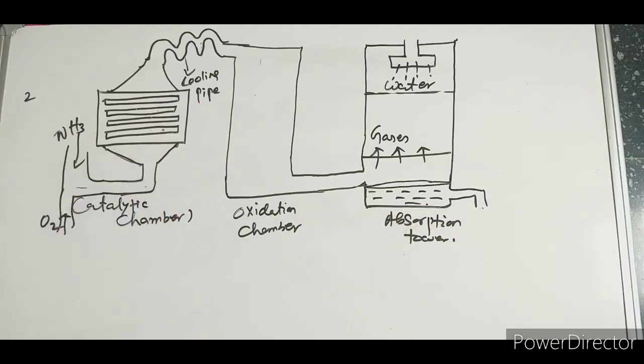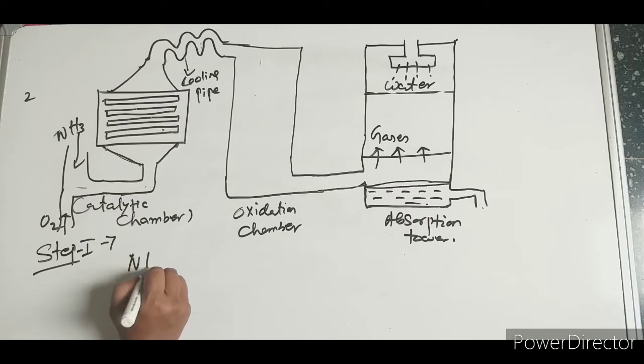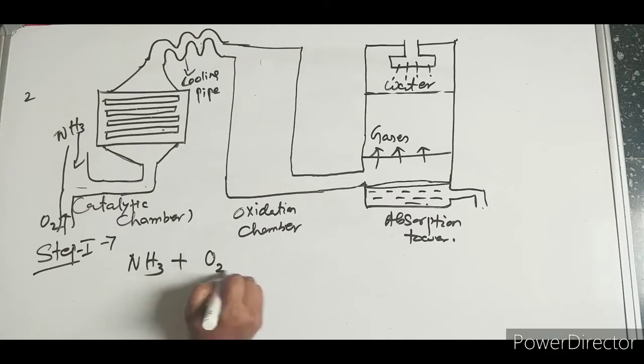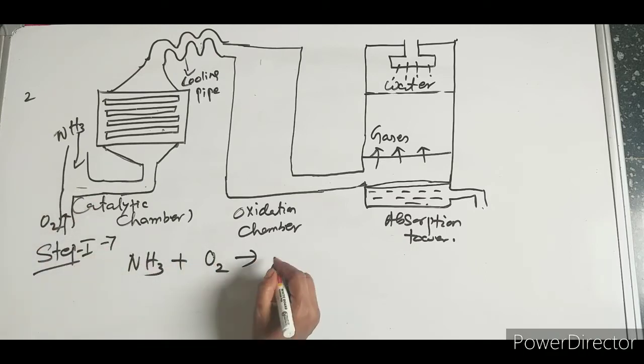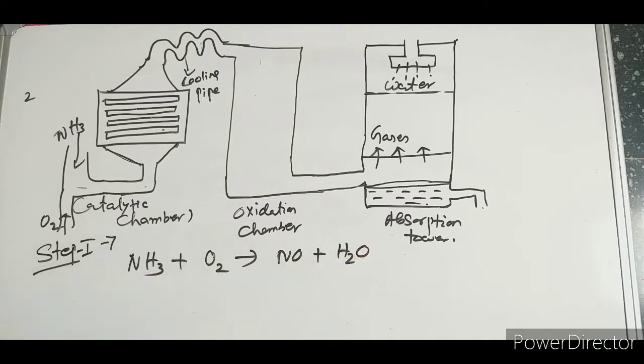Okay, so let us discuss step 1, the catalytic chamber. What happens in this catalytic chamber? Oxidation takes place. Here ammonia along with oxygen gives rise to NO plus H2O, and along with that a large amount of heat.